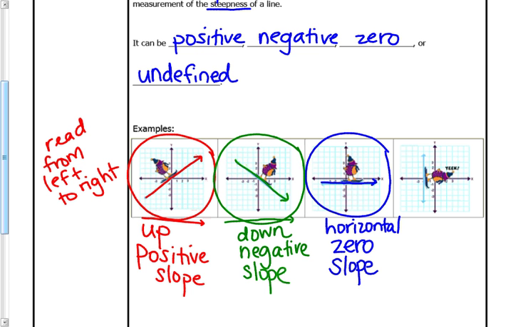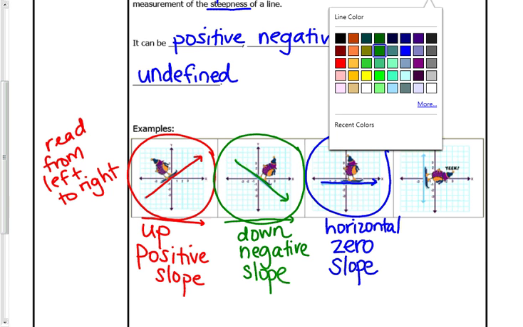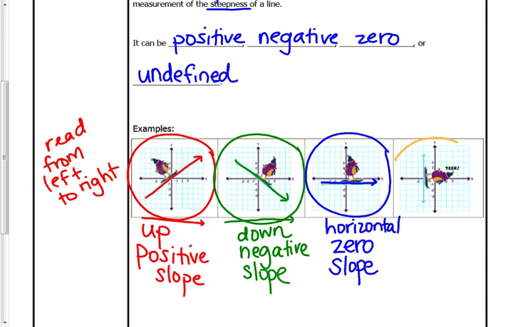And then this last one here. If I'm reading this from left to right, I actually see that this is a perfect vertical line. Would you want to go ski down this mountain?